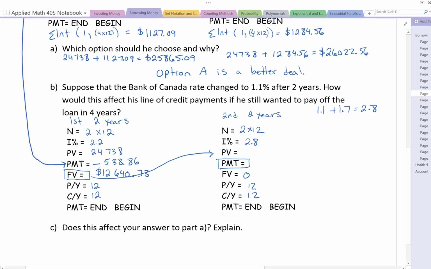So that's how much you still owe. So that goes in as a positive. Punching this new table into your calculator, you end up with a payment of $542.20 per month.